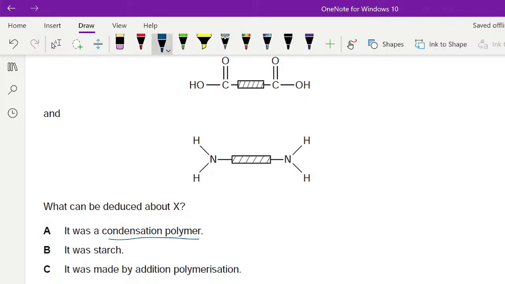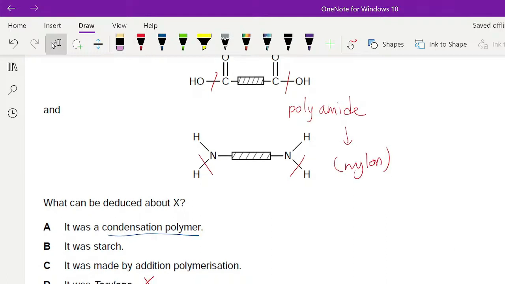And actually, if you break these bonds and one of the H's bonds here, you will get amide linkage. So X is actually a polyamide, right? Like in nylon. It's not in terylene. Terylene is polyester. Nylon is polyamide. So A is correct.